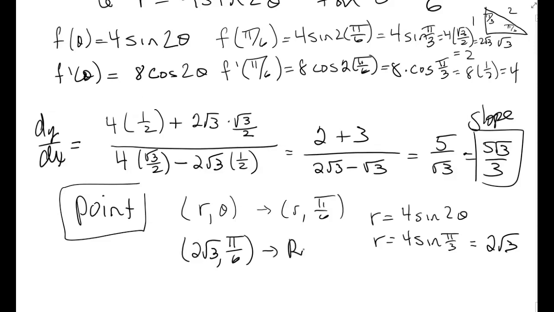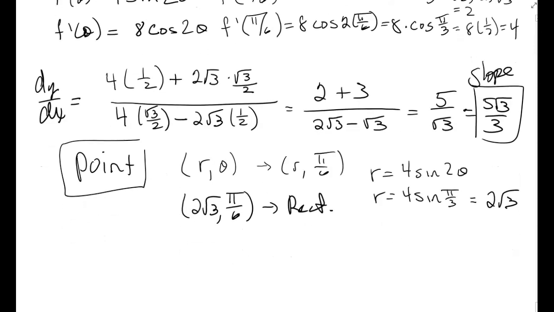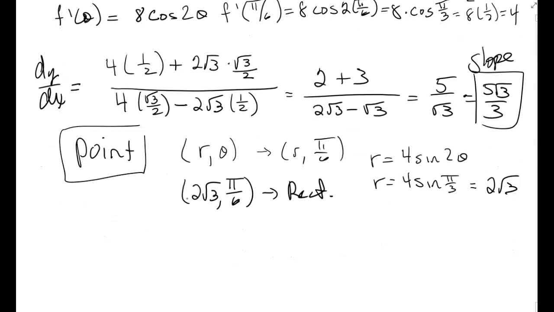We need to convert that now to rectangular, because I want to put my equation of my line in xy form. So x equals radius cosine pi over 6. And if you do all that work, it comes out to radical 3.